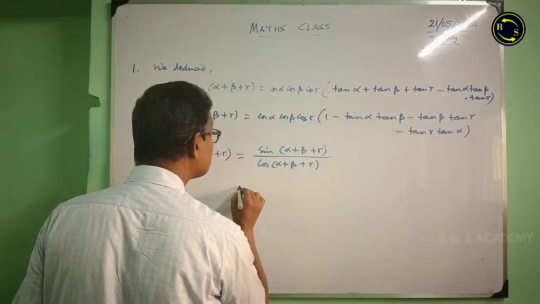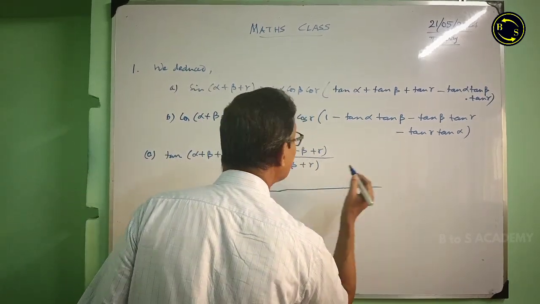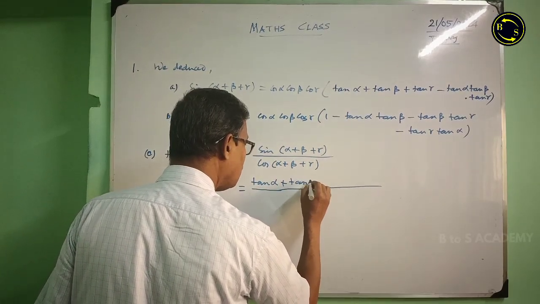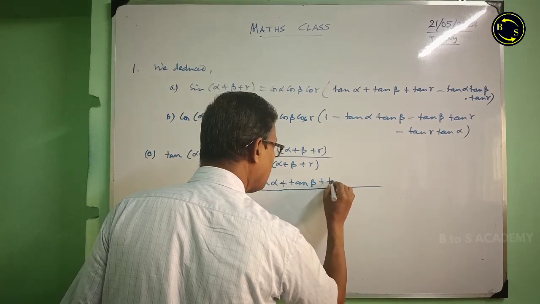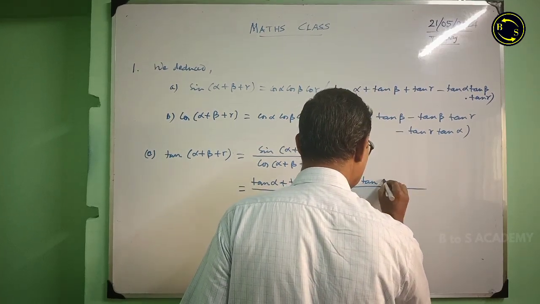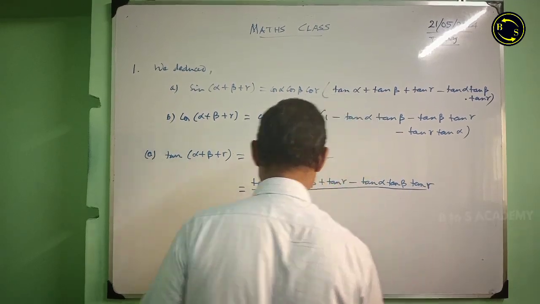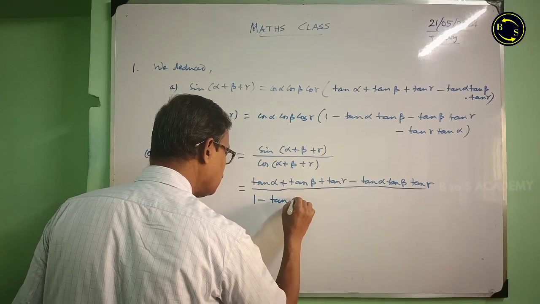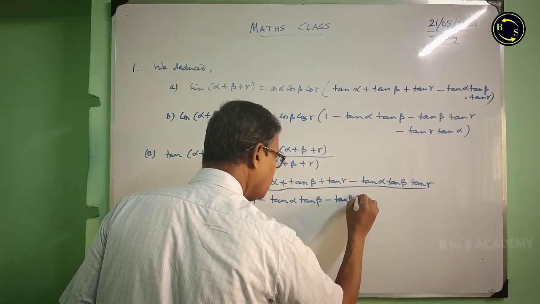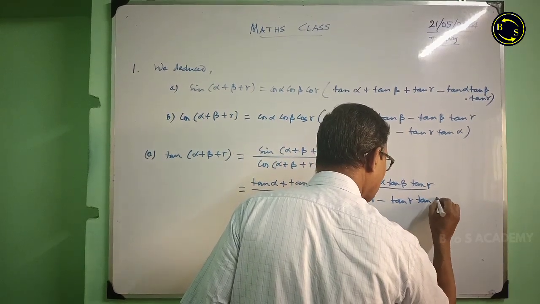Now putting these expressions on simplification, we shall get tan alpha plus tan beta plus tan gamma minus tan alpha tan beta tan gamma, divided by 1 minus tan alpha tan beta minus tan beta tan gamma minus tan gamma tan alpha.